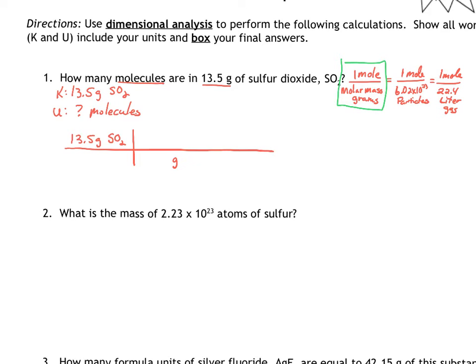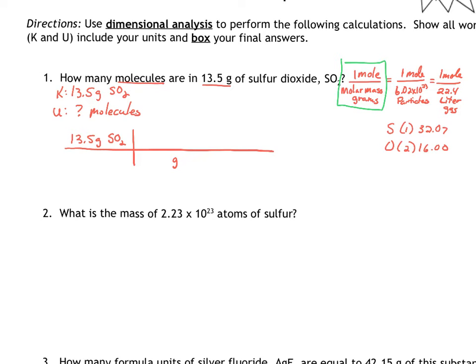So I need to figure out what is the molar mass of SO2. We have sulfur and oxygen, 1 sulfur atom and 2 oxygen atoms. This is just calculating the molar mass like you did in the other section. Now I need to look up the weight of the atoms. Sulfur, if you look on your periodic table, is 32.07, and oxygen is 16.00.